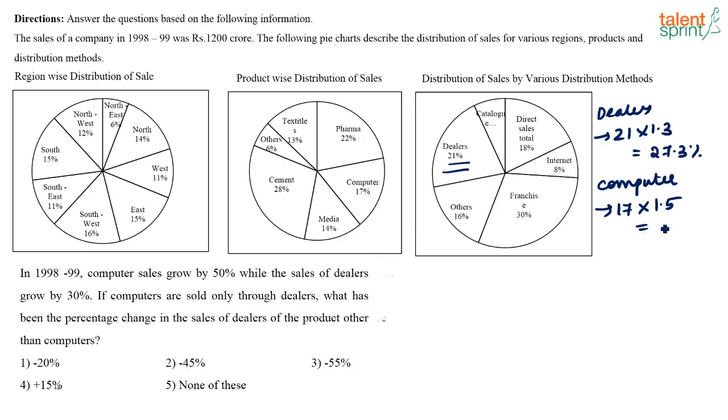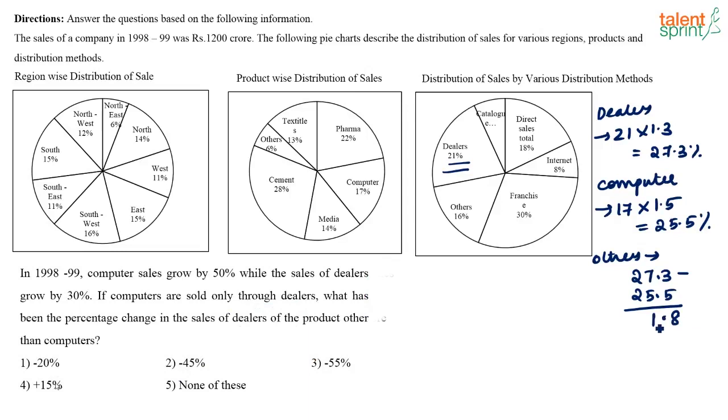So this accounts to 25.5%. So now 27.3% of this 1200 crore is dealers. Out of this 27.3%, 25.5% is computer. So what is the percentage of others? The percentage of others is nothing but 27.3 minus 25.5, right? So what will you get here?